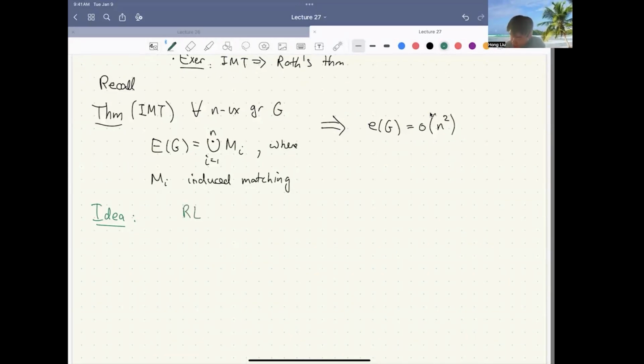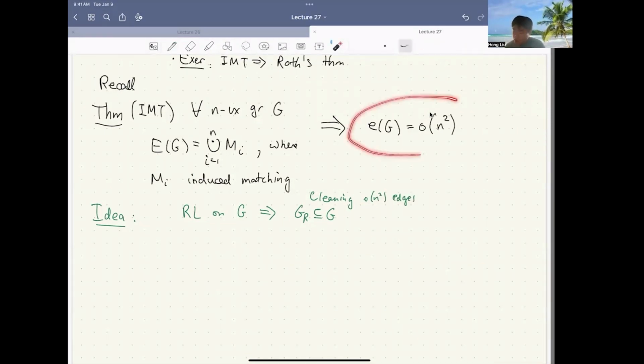By applying the regularity lemma on G, you do some cleaning. Remember, you get a subgraph G_R of G by deleting little o of n squared edges. So what we're going to prove is by contradiction.